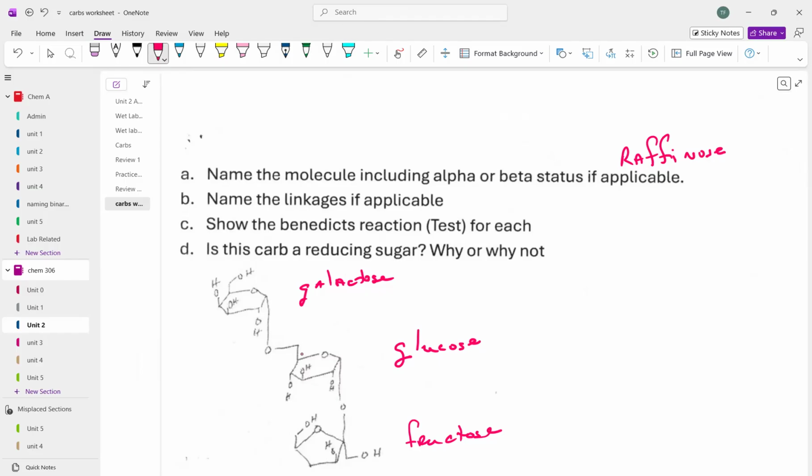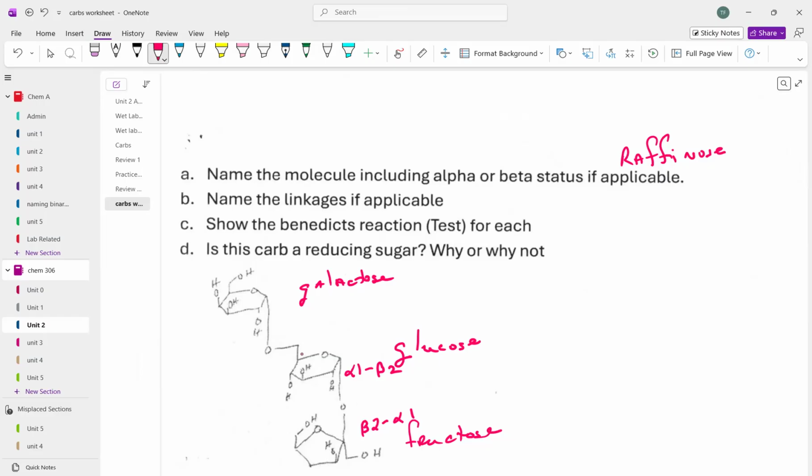Linkages. Okay, there are 3 linkages. The linkage down here is going to be a beta 2 alpha 1. This linkage here is going to be an alpha 1 beta 2.